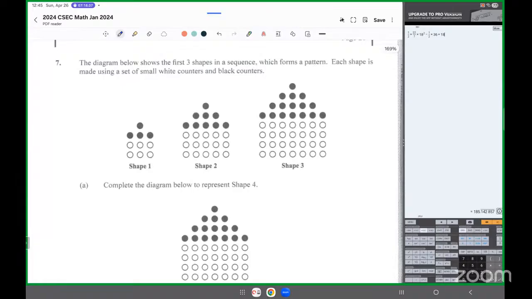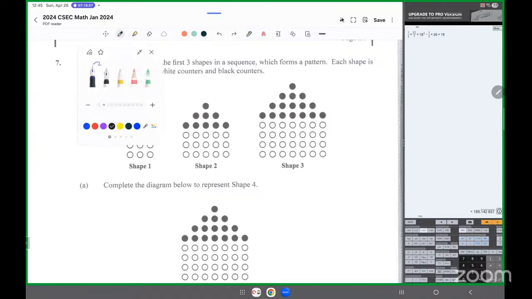It says the diagram below shows the first 3 shapes in a sequence which form a pattern. Each shape is made using a set of small white counters and black counters. So to go from one shape to the next, we have to observe what happened.